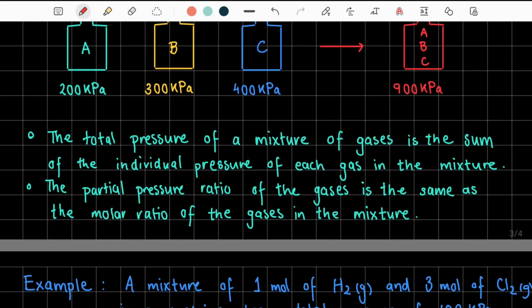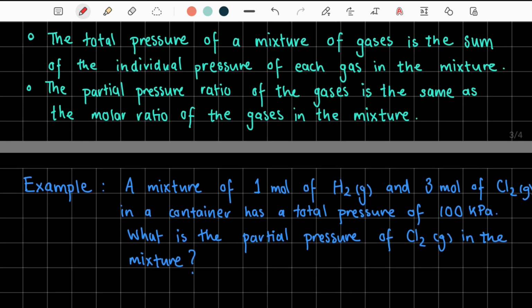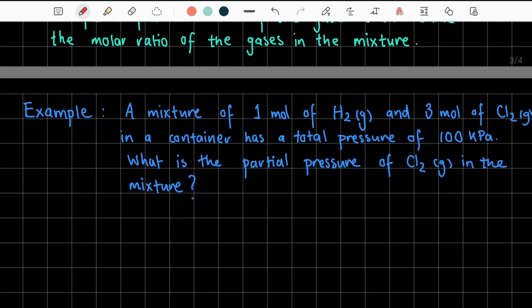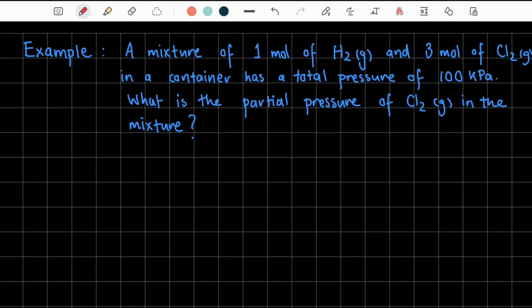All right, now to understand the second rule a little bit better, let's look at an example. Say we have a mixture of 1 mole of hydrogen gas and 3 moles of chlorine gas in a container, and the container has a total pressure of 100 kilopascals. What is the partial pressure of chlorine gas going to be in the mixture? Well, let's first look at the molar ratio because we know what it is.